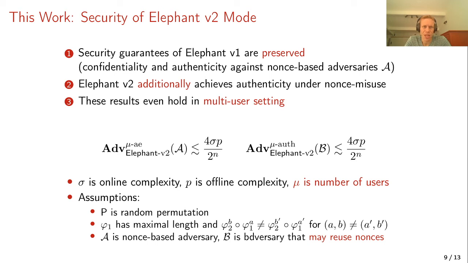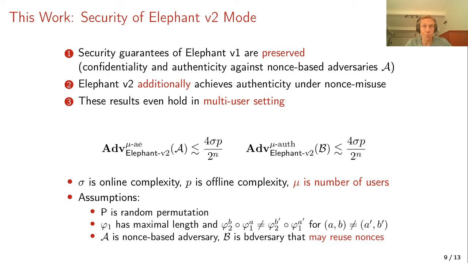And this mu turns out to influence only minor terms in the bound. In addition, we prove multi-user authenticity up to the same bound, but now against attackers that might reuse nonces. So we achieve nonce reuse authenticity, and both in the multi-user security setting.